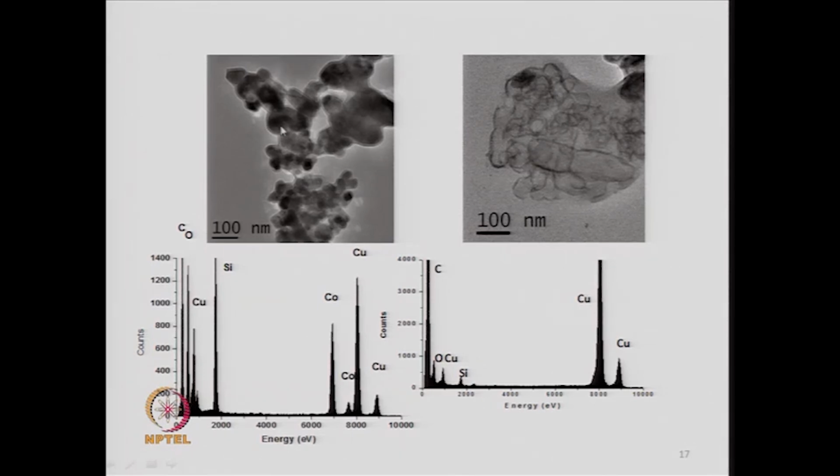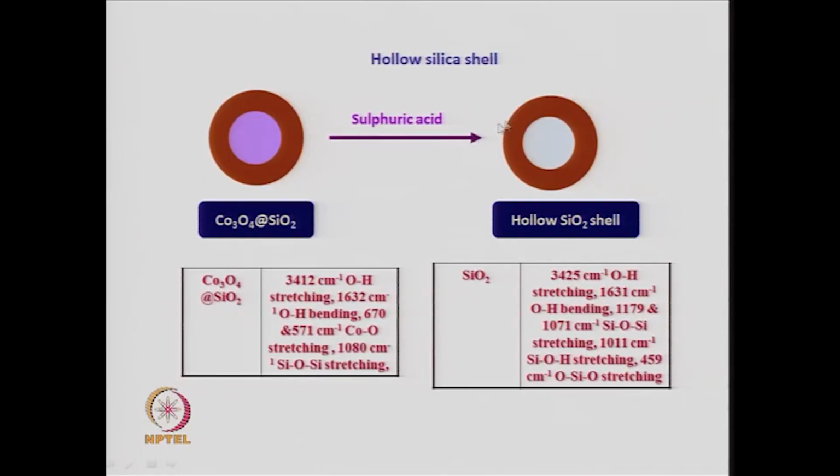You can see these thick dark particles of cobalt oxide surrounded by a thin shell, and you can do EDAX, that is energy dispersive X-ray analysis, and you can see cobalt, silicon, oxygen, and copper from the TEM grid. In the hollow shells you can see that only the shell is present. This internal part which was dark is no more there, and these are the hollow shells you got after you treated the core shell with sulfuric acid.